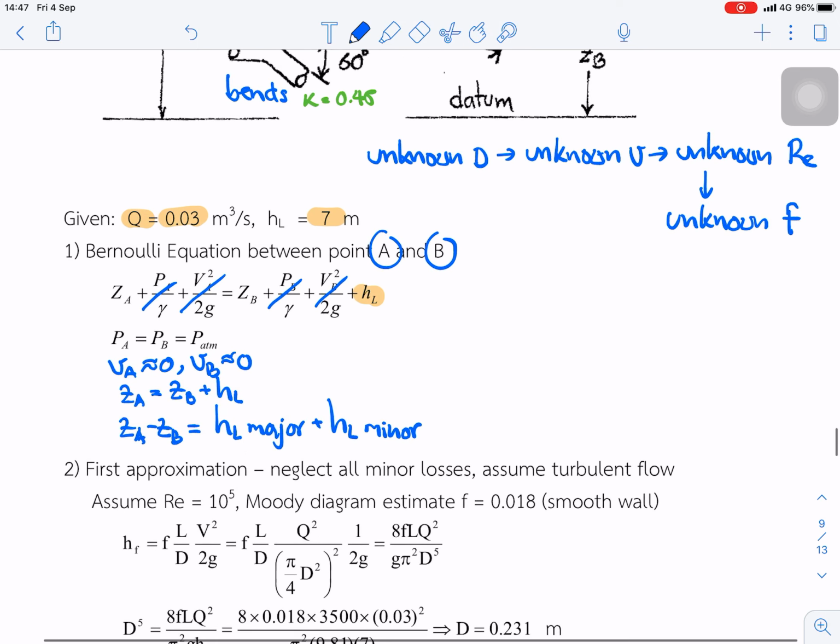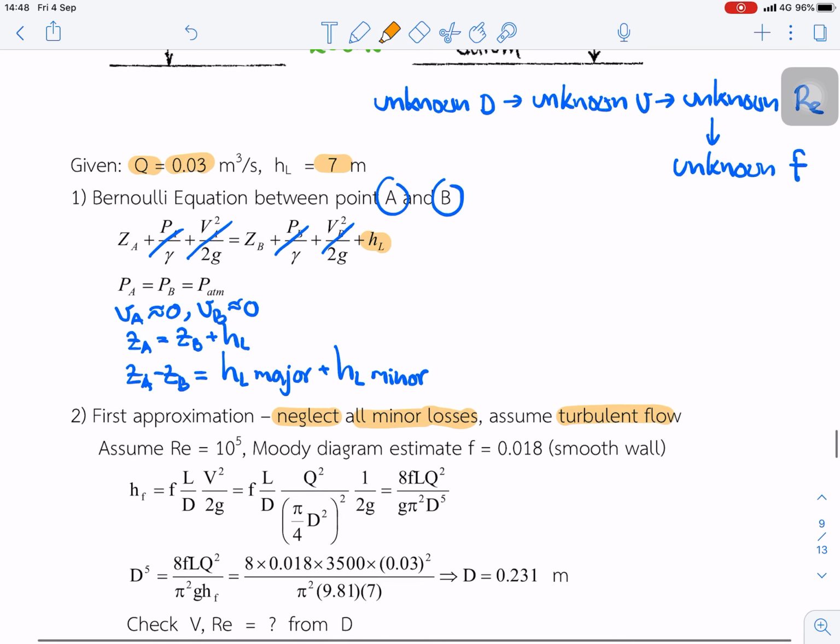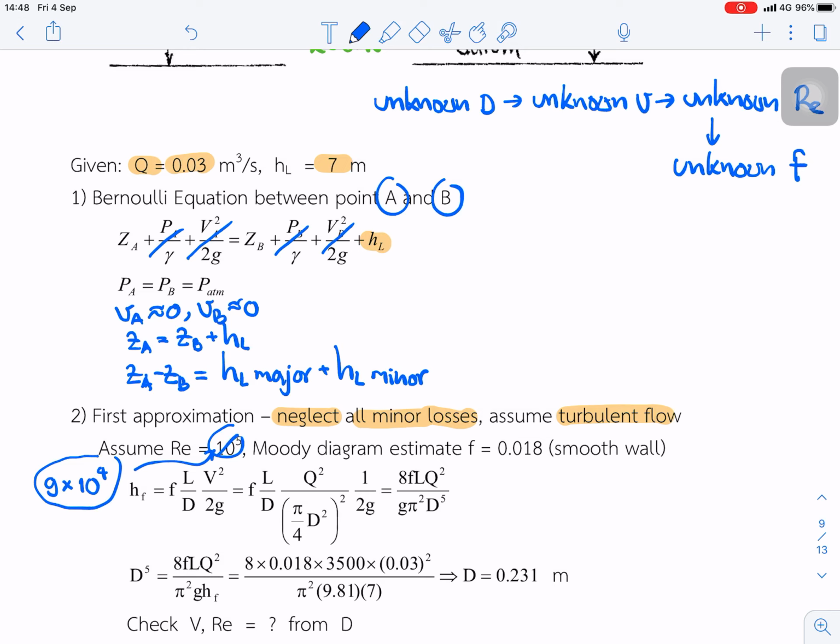In this case we start by neglecting the minor loss, and assume that it is turbulent flow. In the Moody diagram, we can assume any number for the Reynolds number, but in this case I choose 10 to the power 4, so we get the friction factor as 0.08.